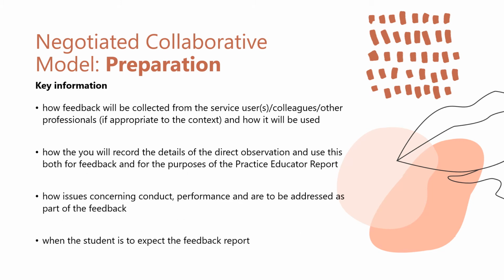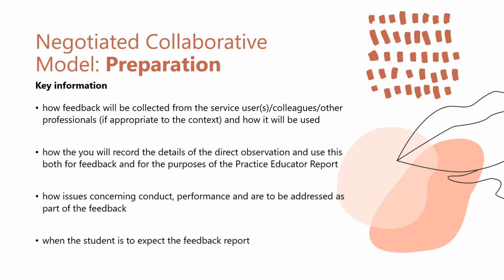Other aspects that need to be covered by the email and taken into account is how feedback will be collected from service users, colleagues or other professionals, depending on the context, and how it will be used. And again, by sharing such information, you can reduce the anxiety of the student.